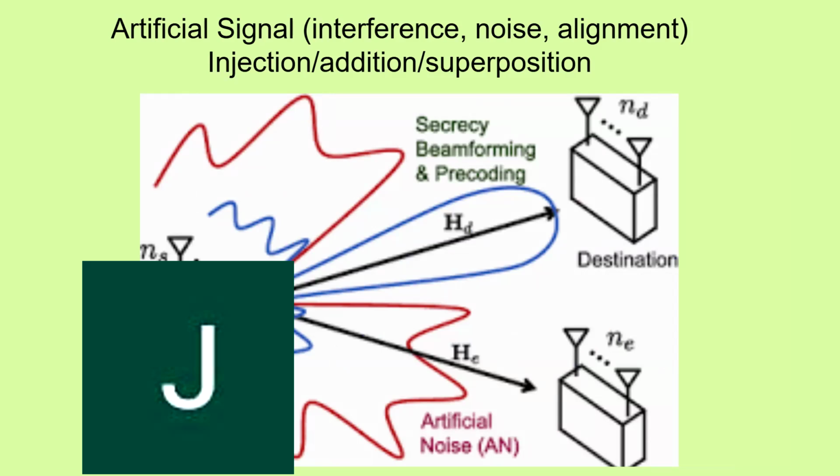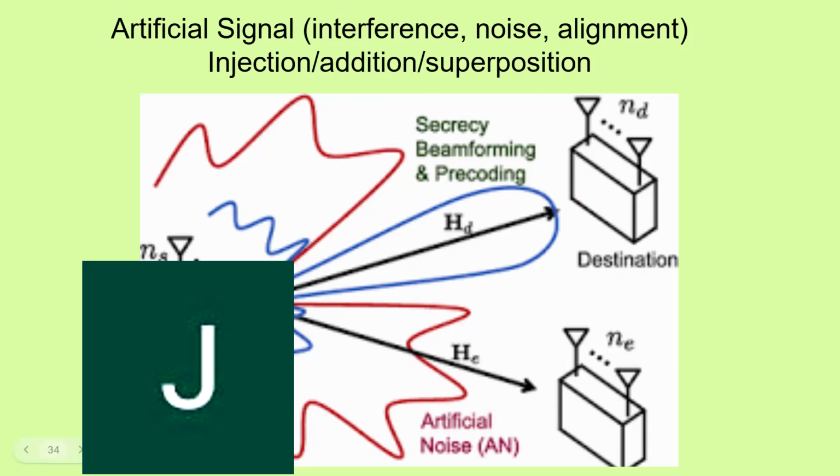In today's lecture, we will give a deep explanation of a few of the enabling physical layer security techniques. And we will start with the artificial signal injection technique, where we add interference or noise in order to improve the security of our system.